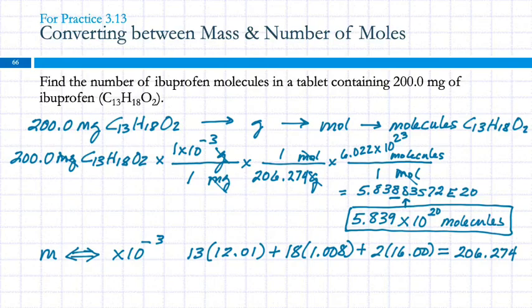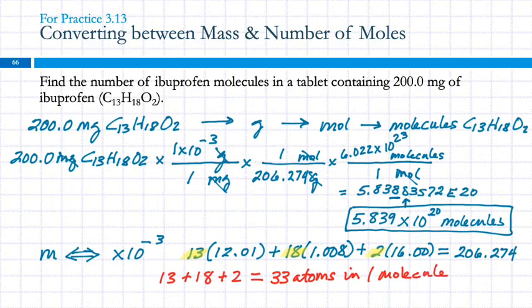So in this formula, I've got 13 atoms of carbon, 18 atoms of hydrogen, and 2 atoms of oxygen. So 13 plus 18 plus, not 20, plus 2 is what, 33? So that's 33 atoms in 1 molecule.